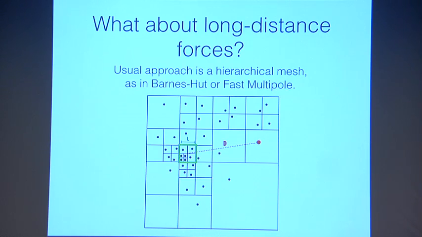Especially if the force falls off with distance, which most forces do, you can do these tricks where, to compute the force on the red dot, you glom all the objects that are far away together into a hierarchical structure and compute the force on the red dot based on some combination of everything that lives in the green square.